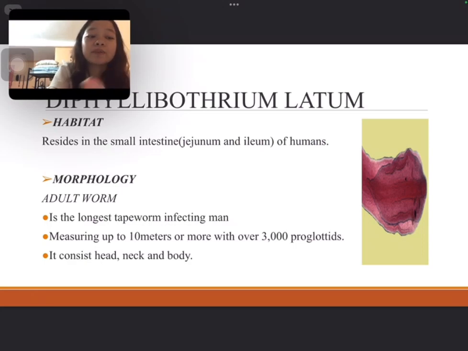Here, the tapeworm attaches itself to the intestinal wall using its scolex, which is its head, while its elongated body, composed of segments called proglottids, extends into the intestine. Within this habitat, the latum absorbs nutrients from the host's digested food, facilitating its growth and reproduction.